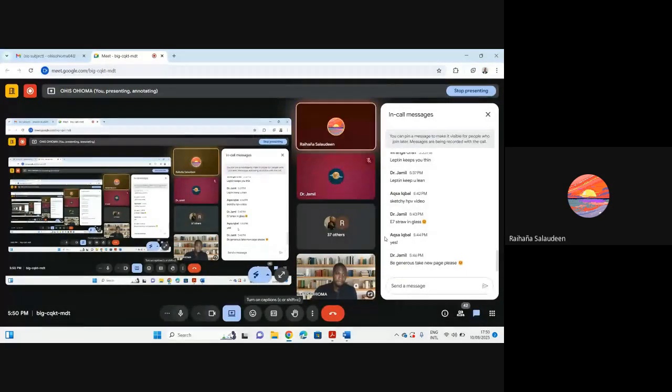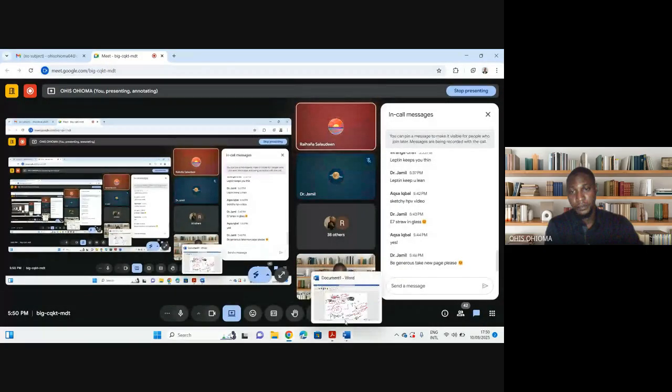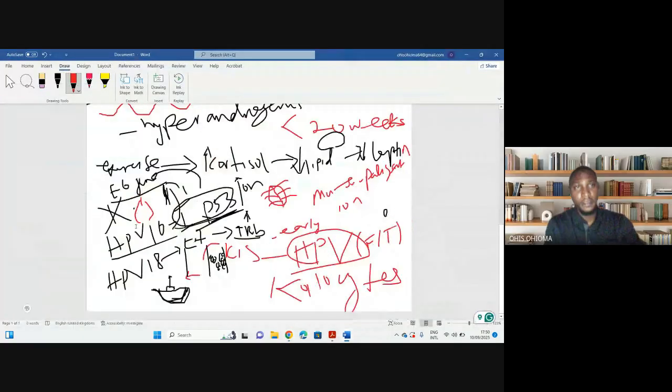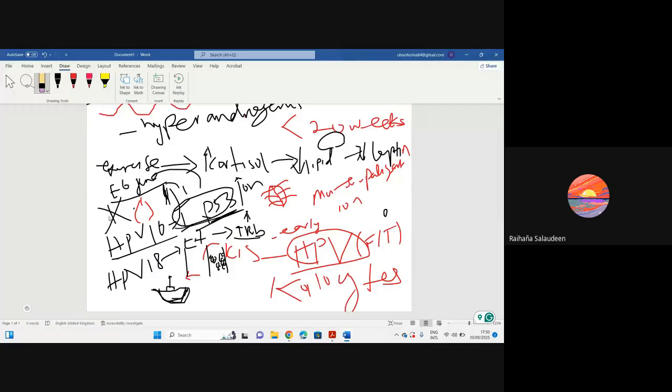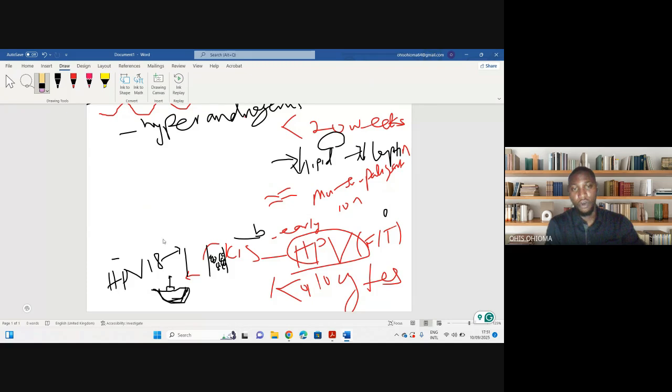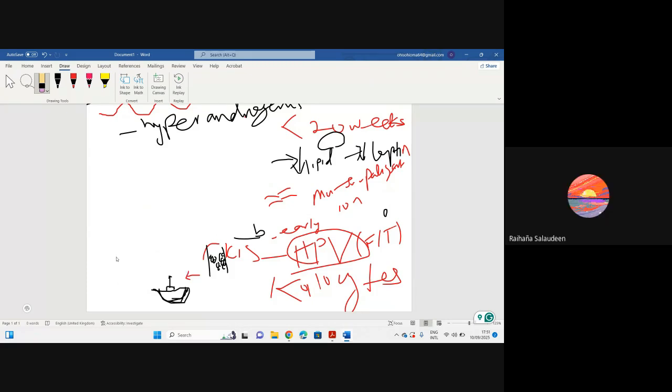Sorry, Dr. Ois. There was a picture I saw in UWorld, that the basal layer is closely opposed to the basement membrane, and the epithelium is up. So the tumor grows from the basal layer up to the epithelial layer.